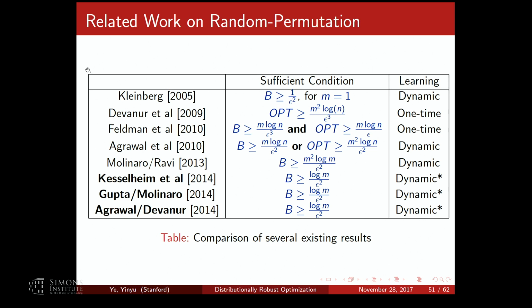So this is more like one-time learning, and it includes the secretary problem as a special case. For one-time learning, the bound is epsilon cubed. I said dynamic learning, that's what we did. There was an extension to this one, where I put a dynamic star. What's the dynamic star? Actually, they update the price in some sense every time a new order comes.